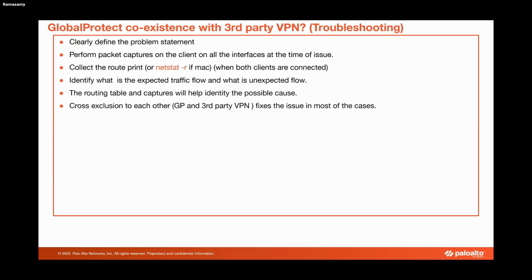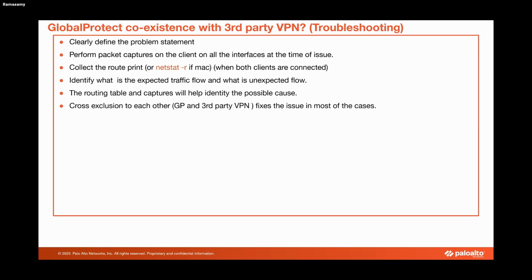Troubleshooting the MultiVPN coexist. Check the routing table of an endpoint and identify what is expected traffic flow and what is unexpected traffic flow for the respective VPN. Perform a packet capture on all the interfaces to see the traffic flowing via which adapter.